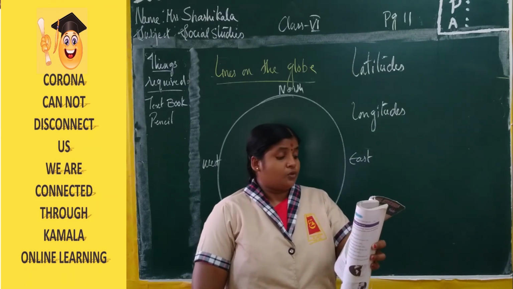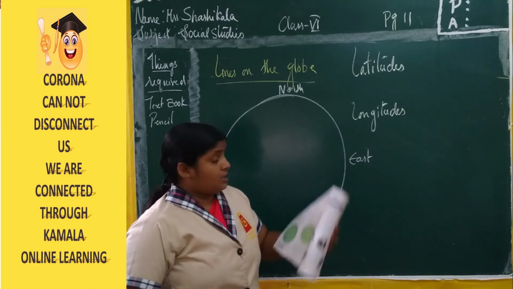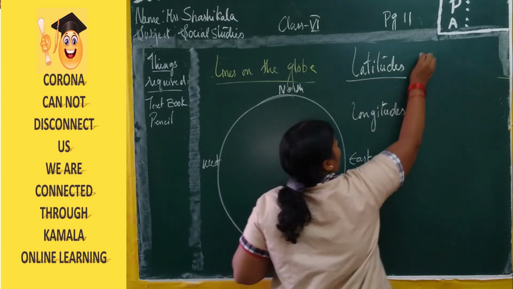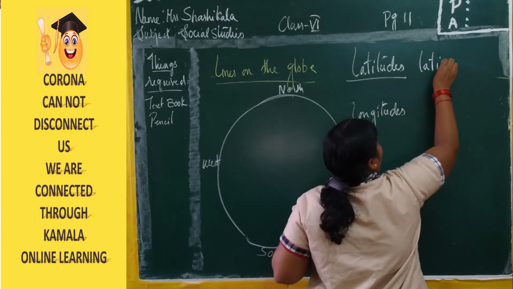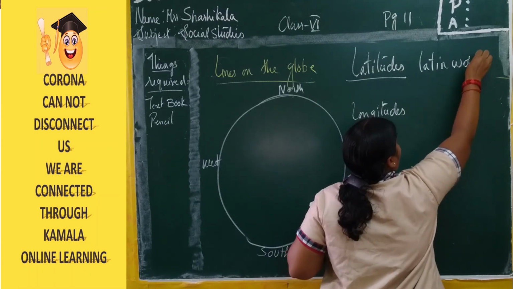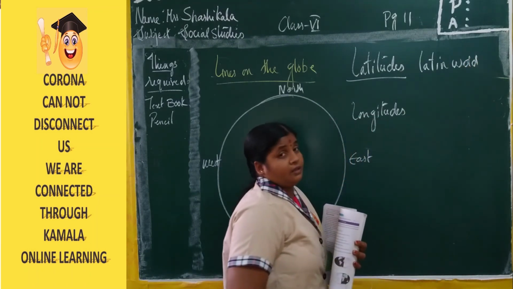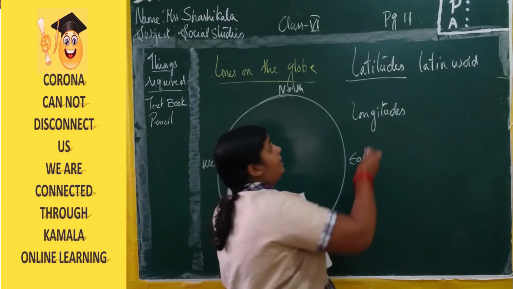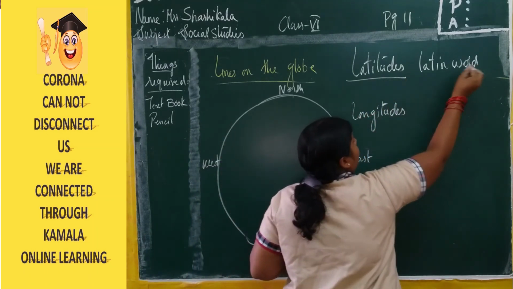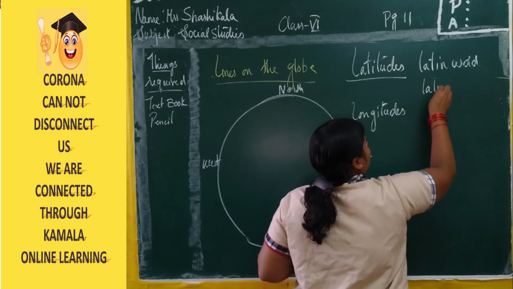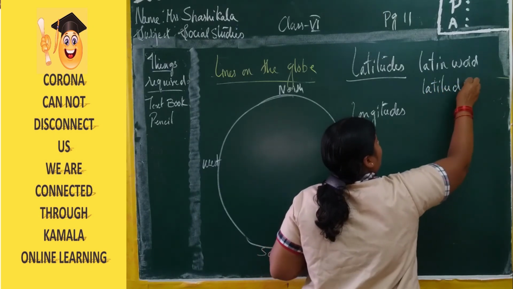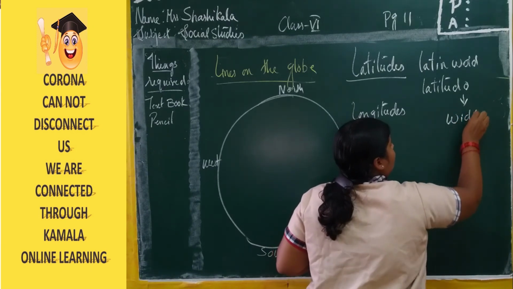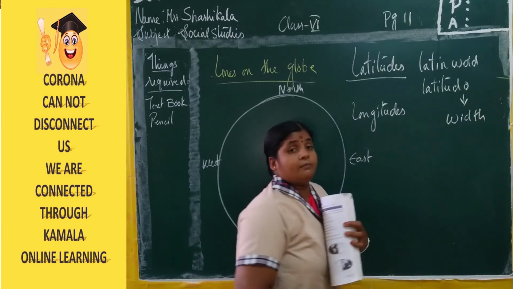Now moving to the first topic, that is about the latitudes. Latitude is a Latin word. Right? We have taken many words from other languages also. Latitude is a Latin word, latitudo, and its meaning is width.